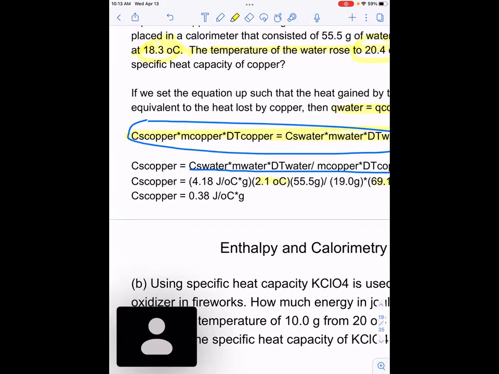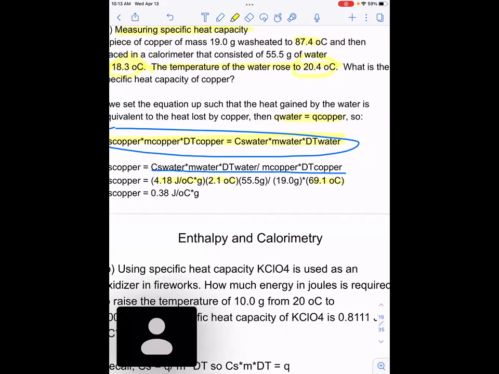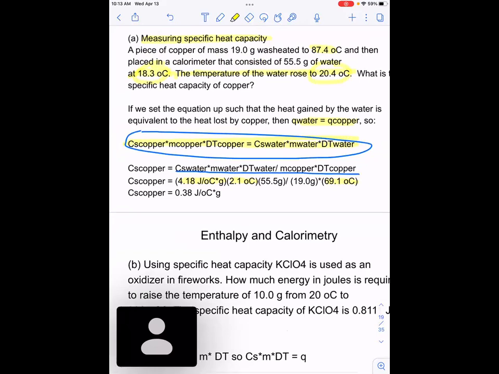This is a known value for water: 4.18 joules per degree Celsius gram. And then for copper, that's what we're solving for. So once you put these numbers in, the specific heat of copper is 0.38 joules per degree Celsius gram.